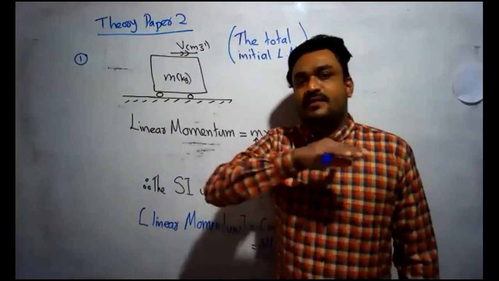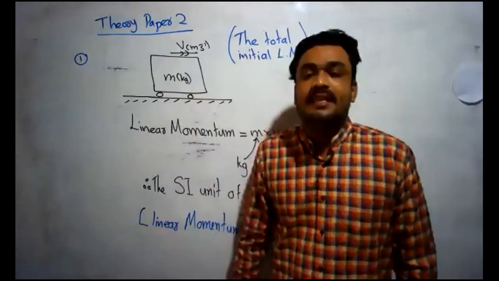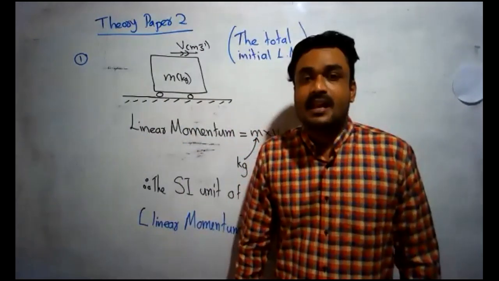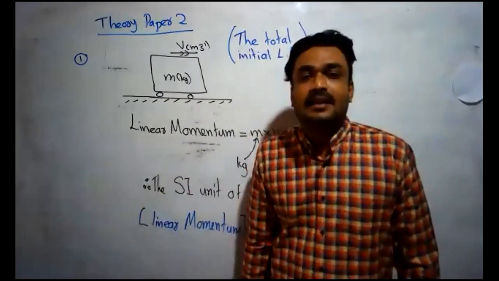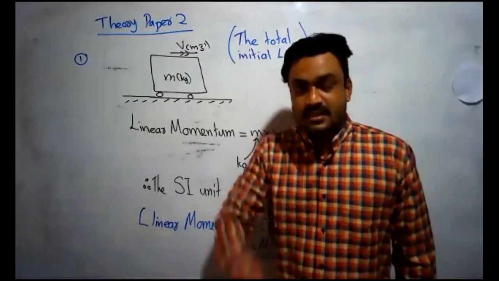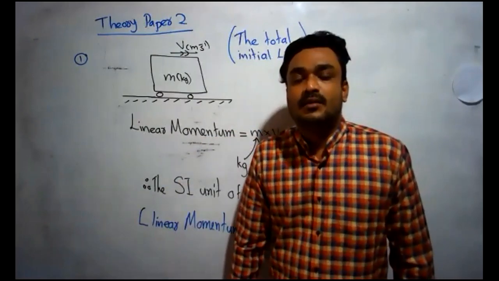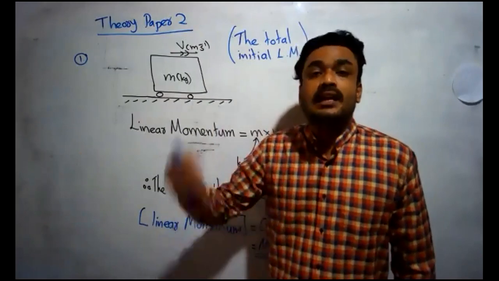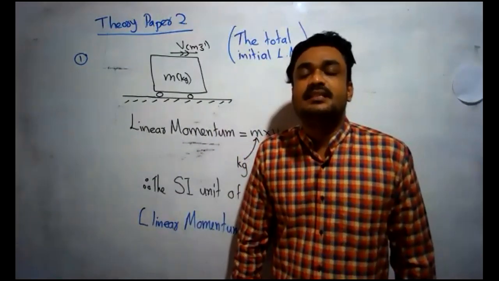It means if there is a certain direction, if we have not applied any external unbalanced forces along that direction, the linear momentum along that direction is not changed. Starting total linear momentum will be equal to the final total linear momentum. So total linear momentum is not changed. Not changed is said to be conserved.